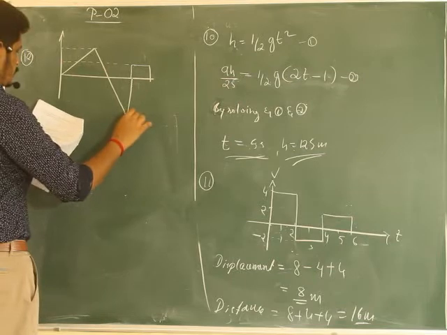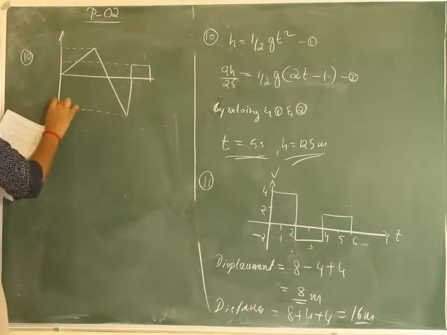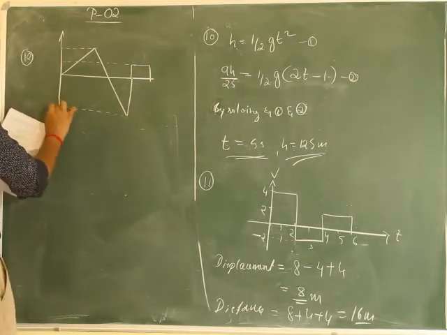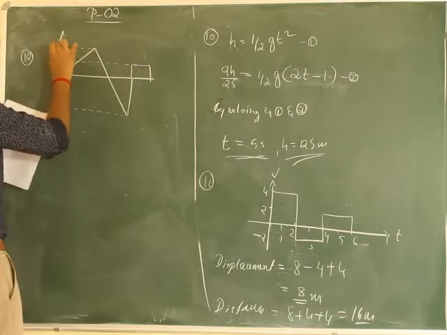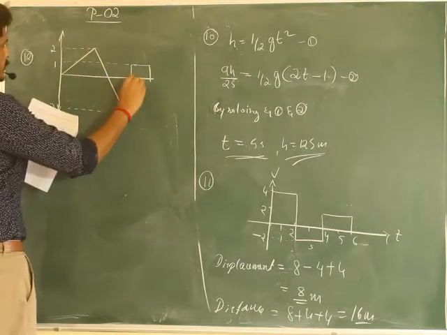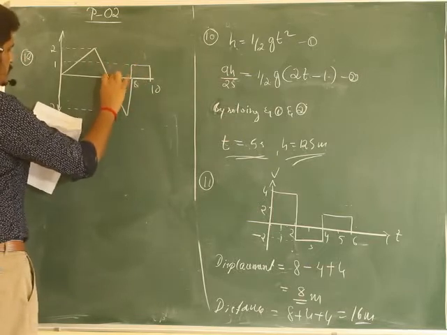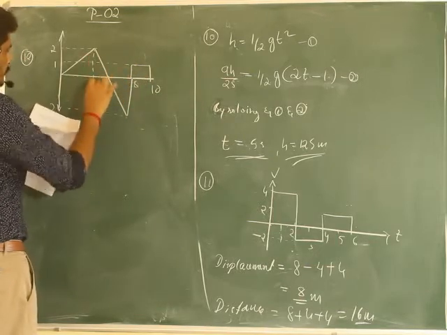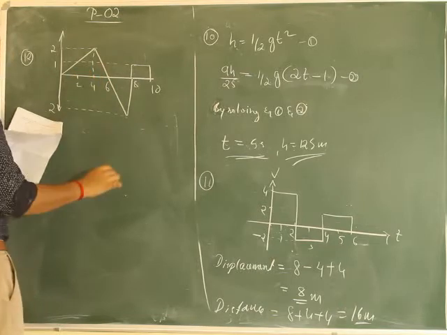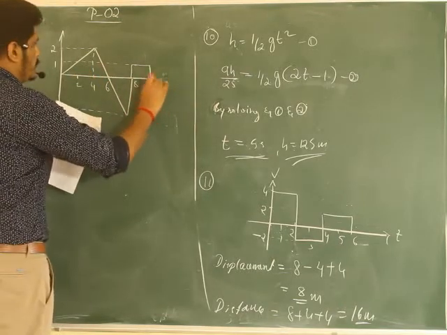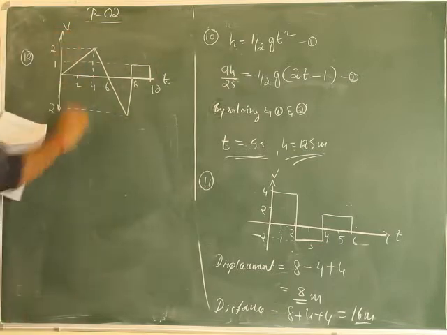The values they have mentioned are 2, 1, 2, and this is 8, this is 10, and in between 6, 4, 2. This is also a velocity versus time graph.